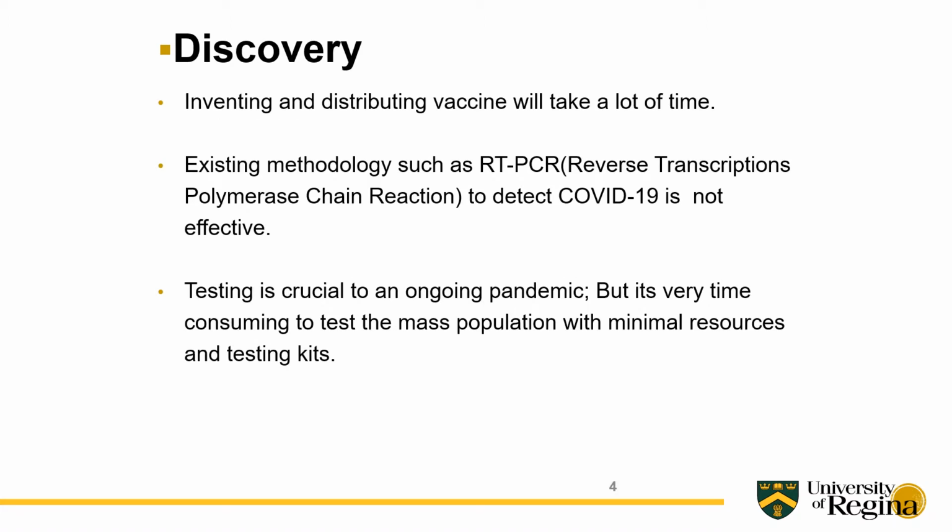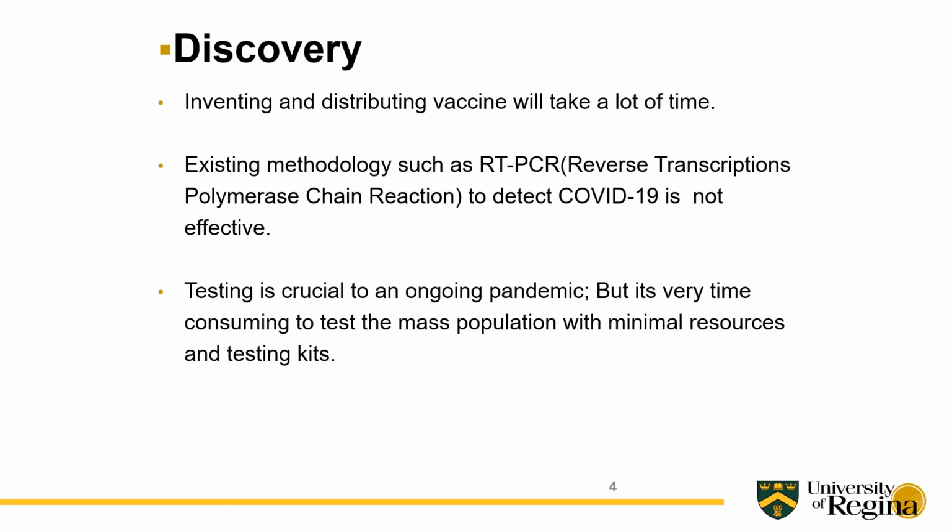To tackle the COVID-19 virus, one thing to do is invent and develop a vaccine. But a vaccine has to go through a lot of clinical trials and get approved, which can take a lot of time. Existing methodologies such as RT-PCR can detect COVID-19, but it is not effective because it is a manual process and it is expensive, and also the false positive rate is quite high.